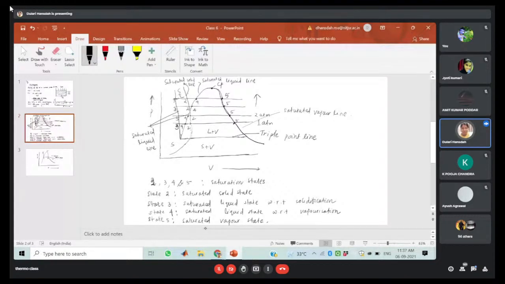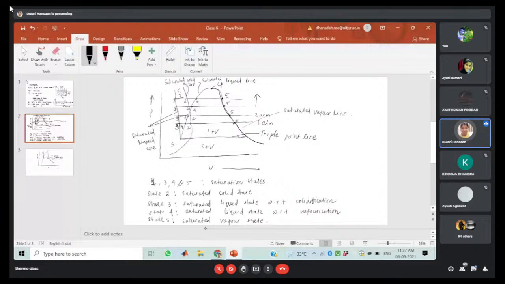So it will happen in the equilibrium condition only. Here the substance remains as a solid and liquid mixture, just like we know it stays as a liquid vapor mixture between 4 and 5, inside the dome. In that condition the pure substance will be a mixture of liquid and vapor.